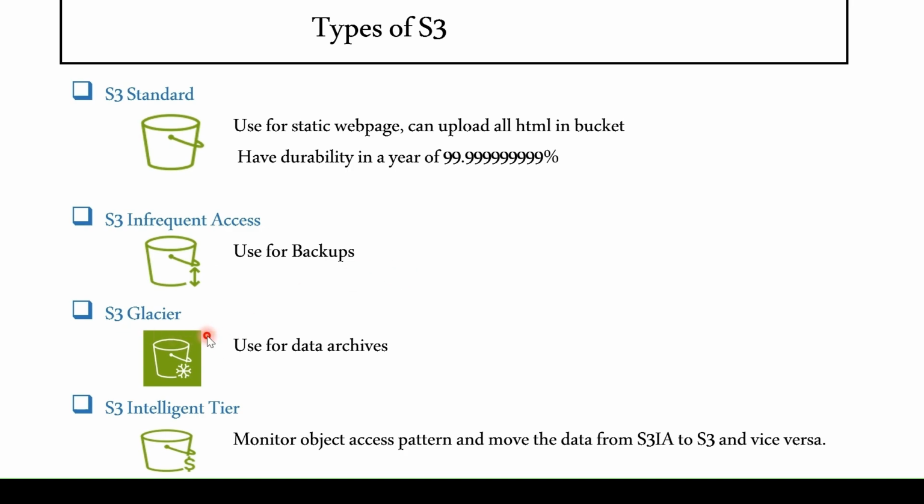Now S3 Glacier. S3 Glacier is used to archive data which we don't need for a long time. Of course, this will be the cheapest option if we compare it with S3 Standard and Infrequent Access. It suits data which we need to store on a regulatory or compliance basis.